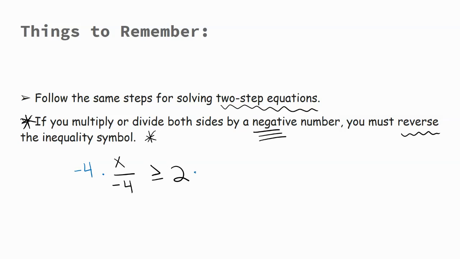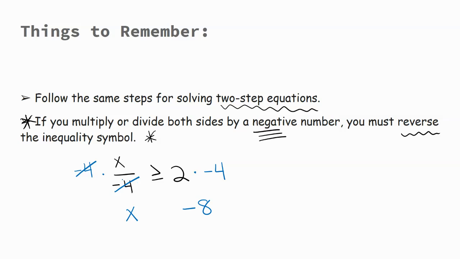So when I do that, multiply both sides by negative 4, the one on the left is going to cancel because I have one in the numerator and one in the denominator. And the one on the right, I'm going to multiply by 2 to get negative 8. So on the left, all I have left is x. And on the right, all I have left is negative 8.